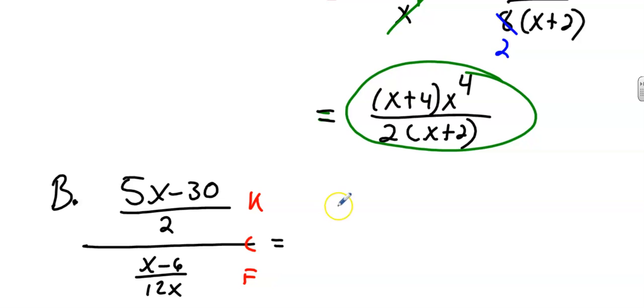So we know we're going to keep the 5x minus 30 over 2, change that division to multiplication, and then flip this one upside down.